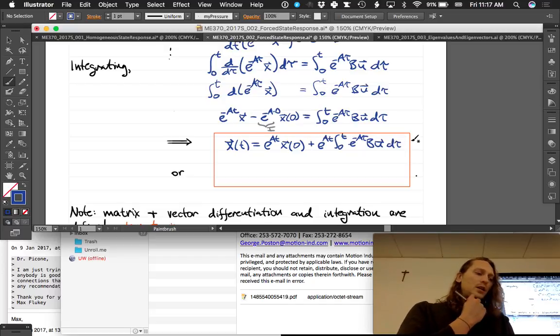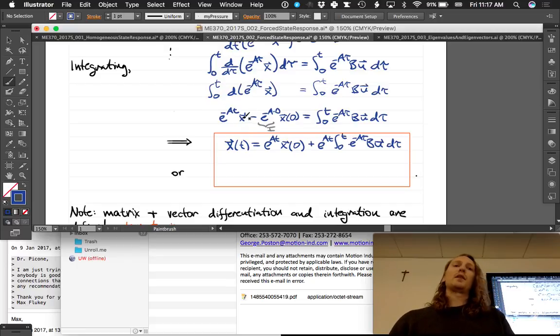Now, how did I get that? There were a couple of steps that I did. Solving for x, I added x naught, x of 0, to both sides, right? The initial condition to both sides. So that's how this term got here on the right-hand side.